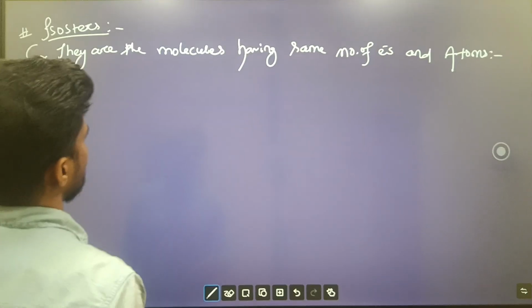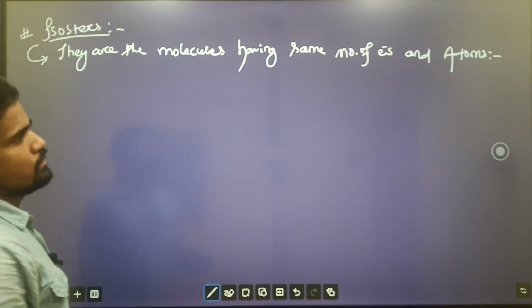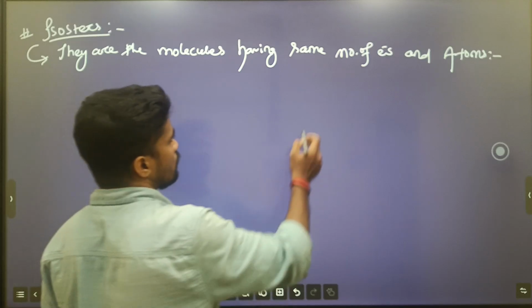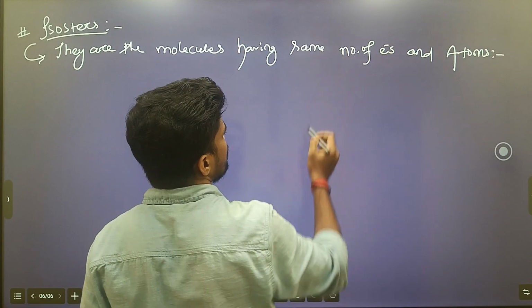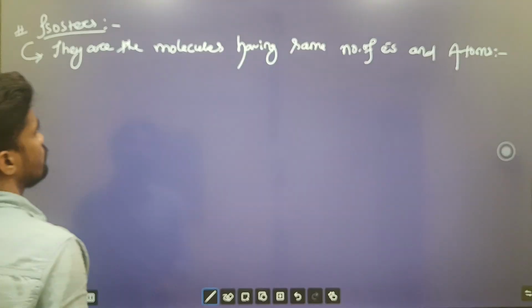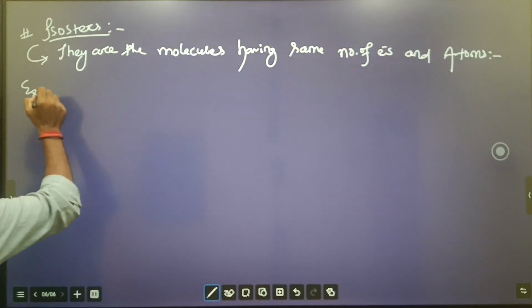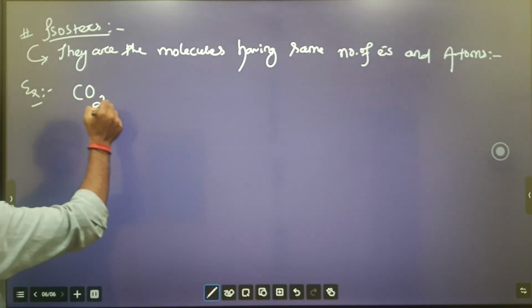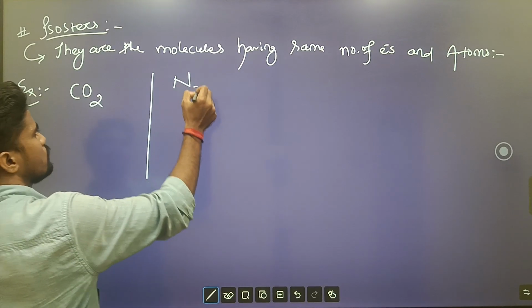Okay, so they are the molecules having the same number of electrons and atoms. Example, in CO2 and N2O.